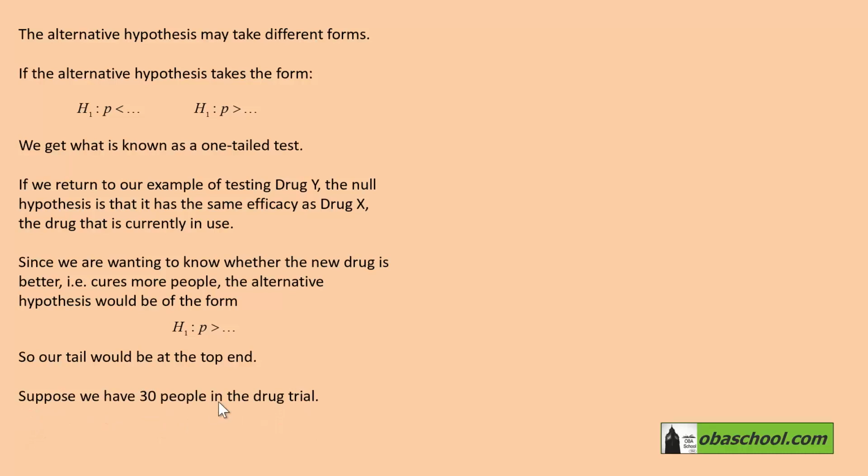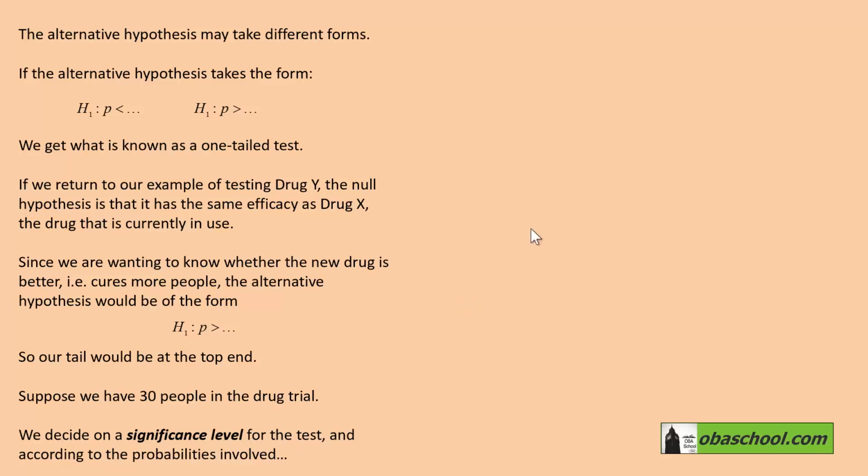Suppose we have 30 people in the drug trial. We decide on a significance level, we'll talk more about that later, for the test, and according to the probabilities involved, so we had 30 people in the test, we find a critical region that goes from 27 people upwards.